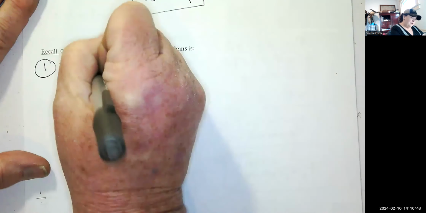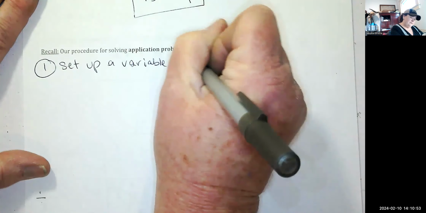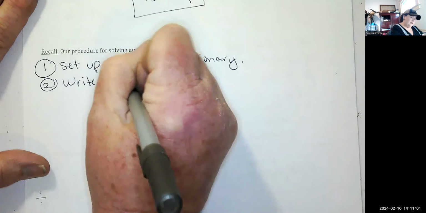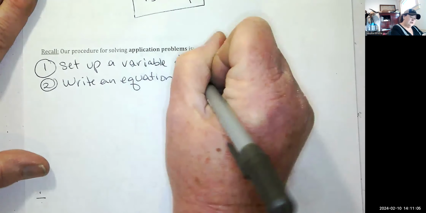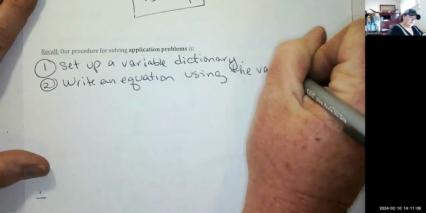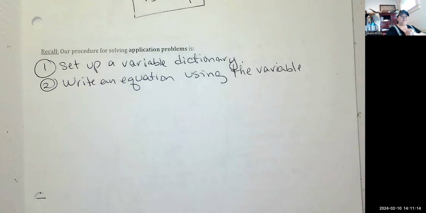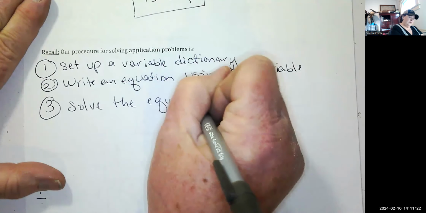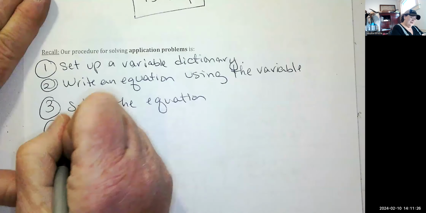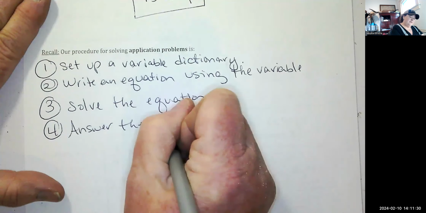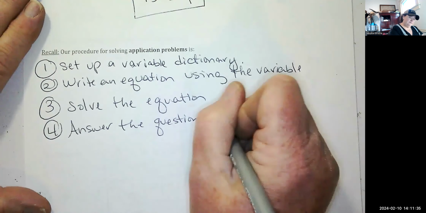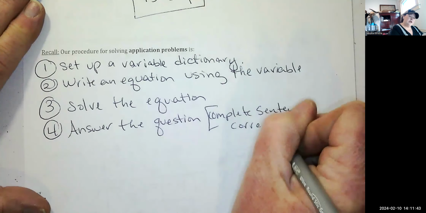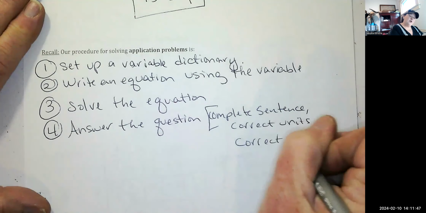Recall our procedure for solving application problems. 1, we need to set up a variable dictionary. 2, we need to write an equation using those variables. 3, we need to solve the equation. 4, we need to answer the question in a complete sentence, with correct units and correct rounding when needed.